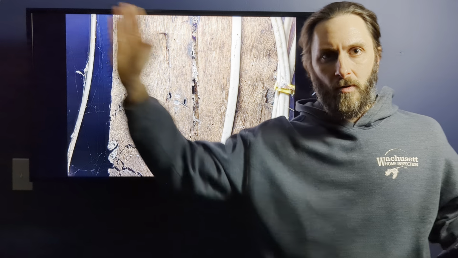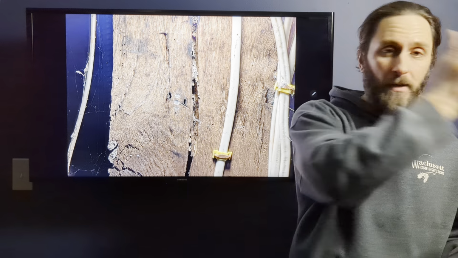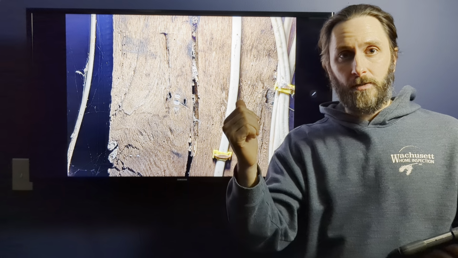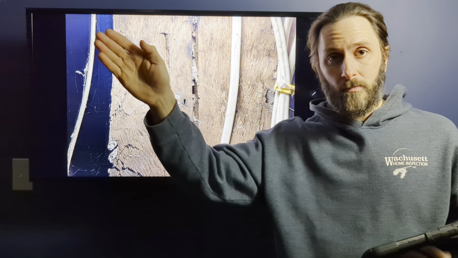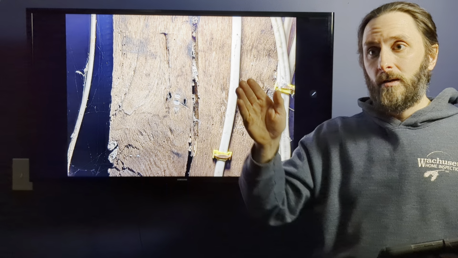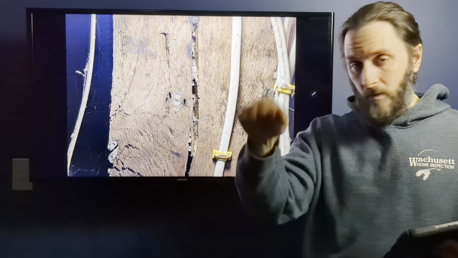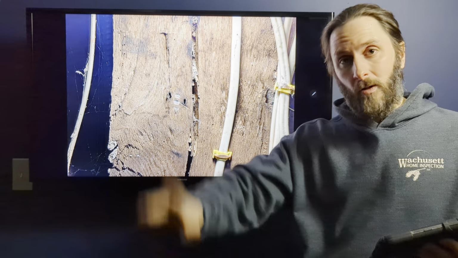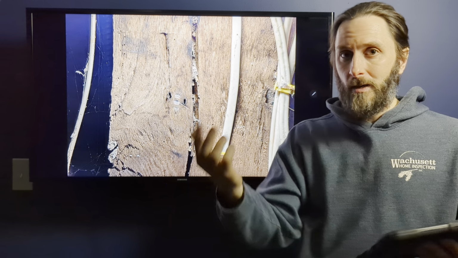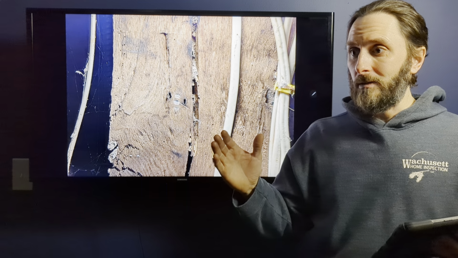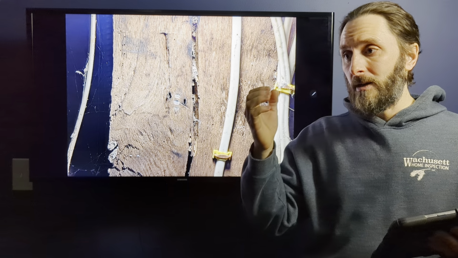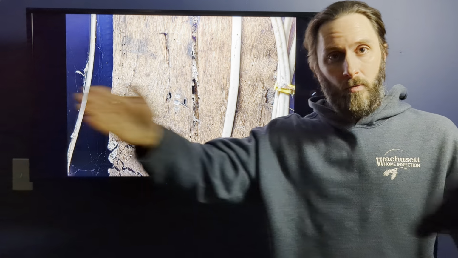I found evidence all the way on the right side of the building, all the way on the left side of the building, all across the front, all across parts of the rear. I know that they probably came in through the front. That was grade level. The back was a walkout basement, so we're well off the ground. They're not coming in through the backside in all likelihood, right? So we're talking about enough termite activity that went all the way to the back and all the way across.